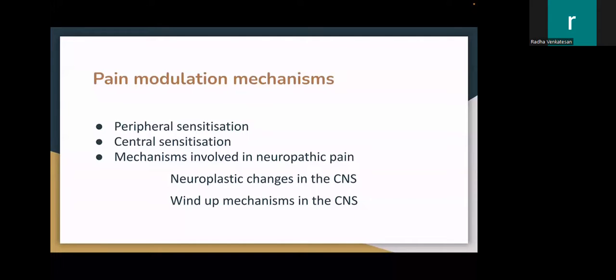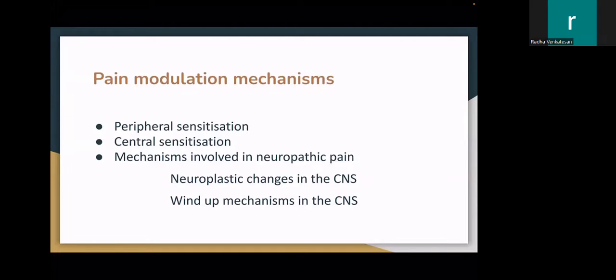Okay, next comes central sensitization. Central sensitization, as I explained previously, is a neuroplastic change in the central nervous system, the plasticity. It is capable of changing because of various factors. So that is one phenomenon. And the next one is called the wind-up mechanism. What is the wind-up mechanism? This is something important which we need to understand.